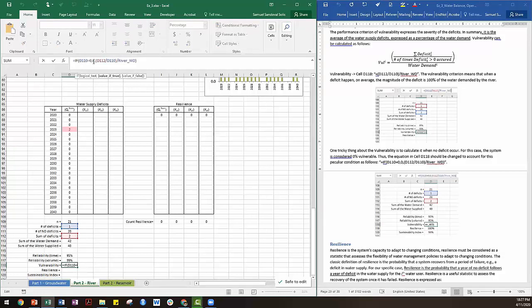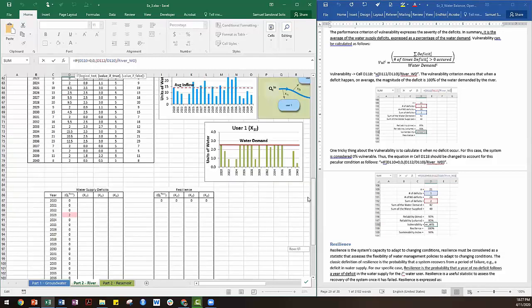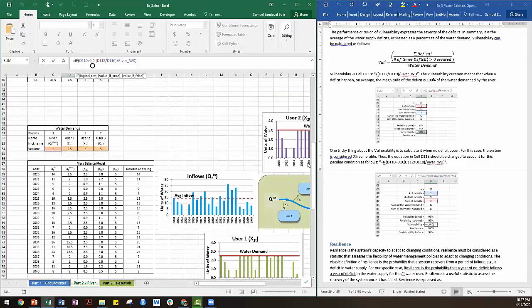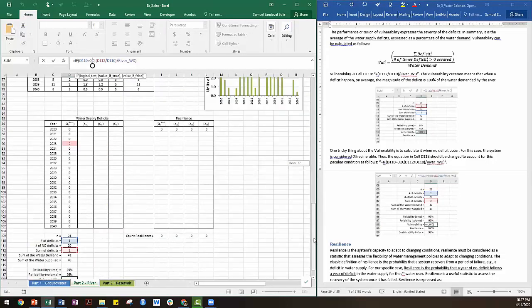So there is no deficit, so the average of the deficit is 0. Otherwise, it will be the sum of the deficits divided by the number, you get the average, and that divided by the water demand, which is in here. Okay, so that will be for this.